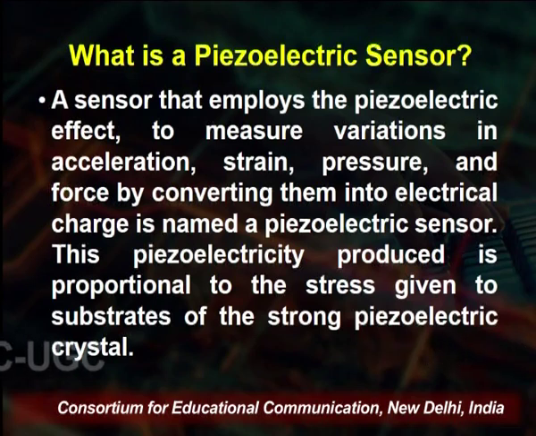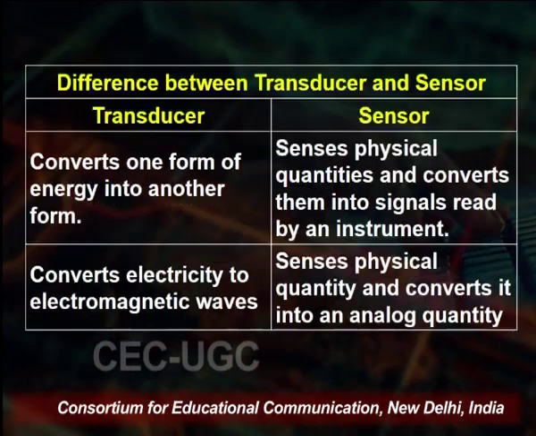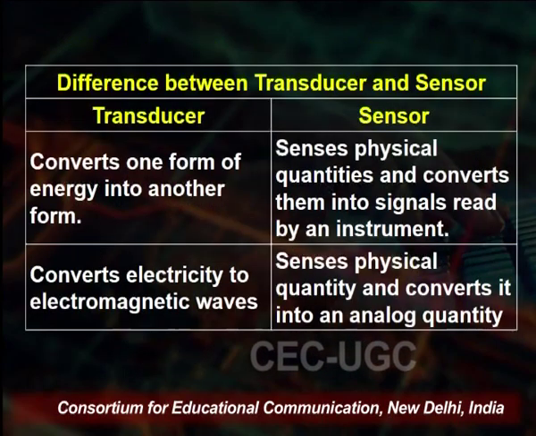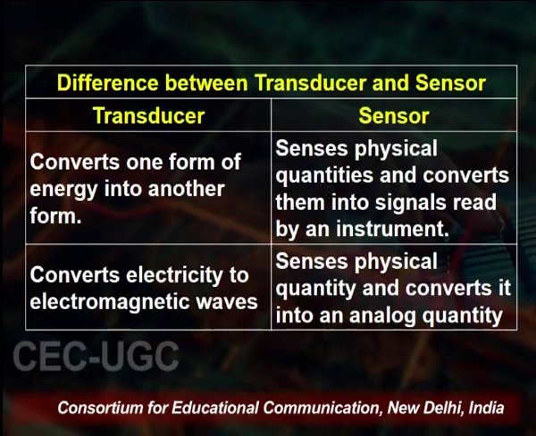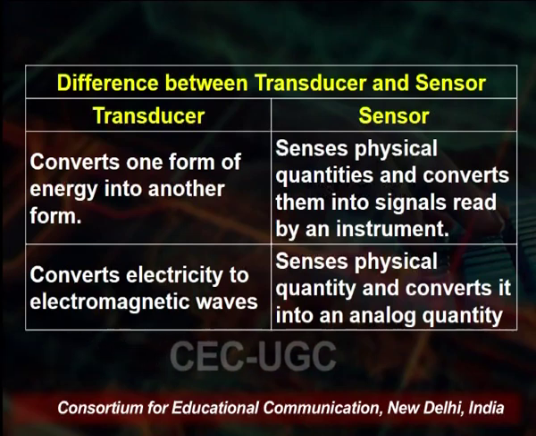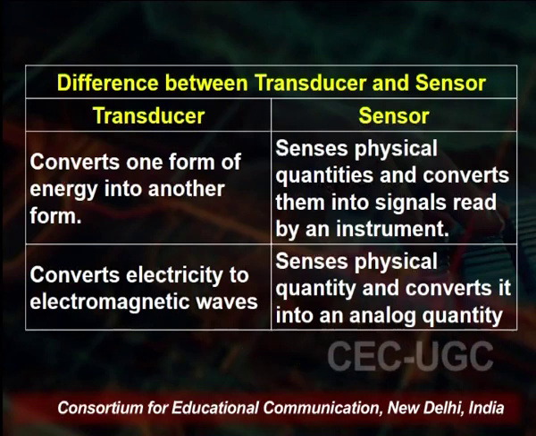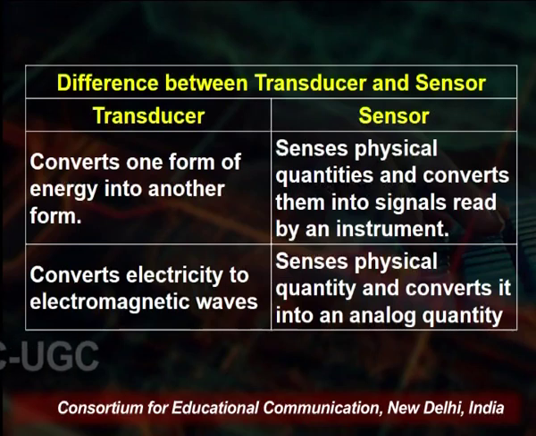Before discussing the sensors, we discuss what the differences are between transducers and sensors, because we have discussed the piezo transducers. Now how is it different from the transducers? The sensors basically sense physical quantities and convert them into a signal read by the instrument.